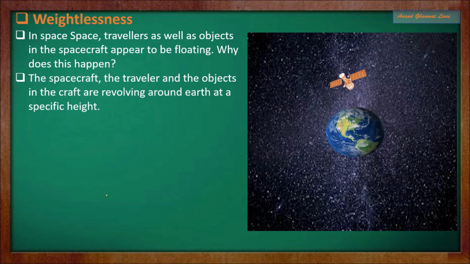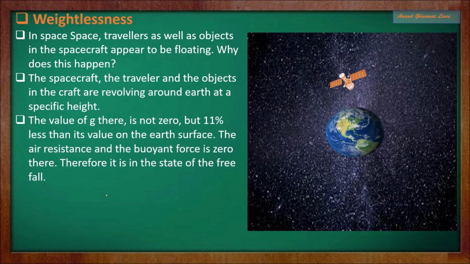In the spacecraft, the traveler and the objects in the craft are revolving around the earth at a specific height. So the value of g is not 0 there, but it is 11% less than the value of g on the earth's surface.